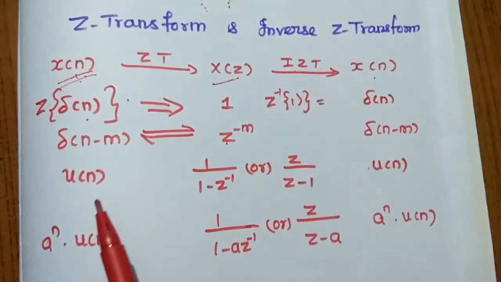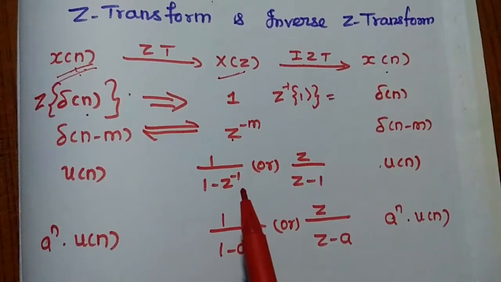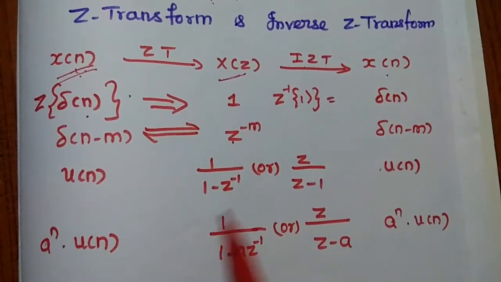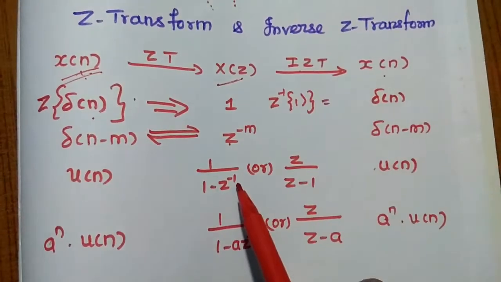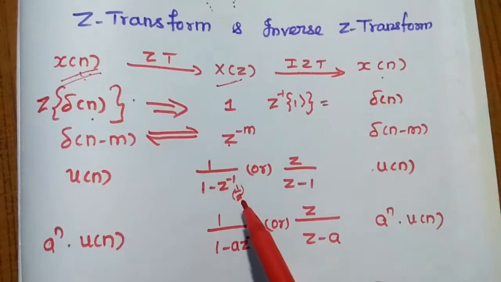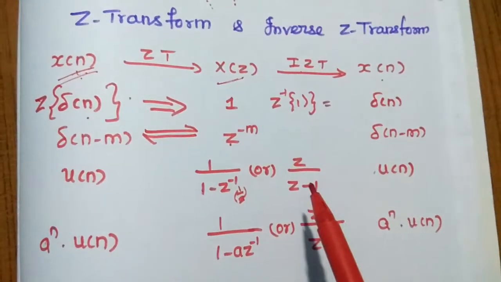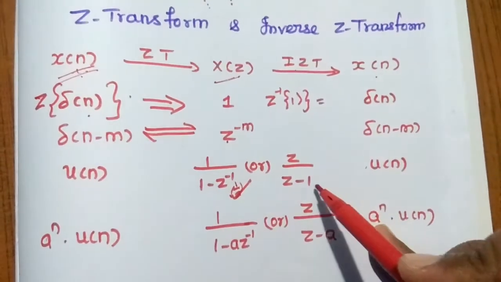Likewise, Z transform of u of n is equal to 1 by 1 minus z power minus 1. Z power minus 1 is nothing but 1 by z, right? So we can take the LCM z minus 1 and then move this z to the numerator. So this is nothing but z by z minus 1. Both are the same.